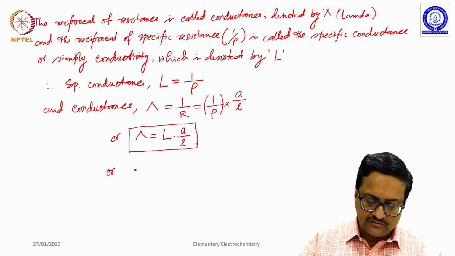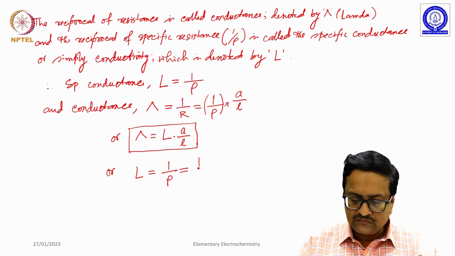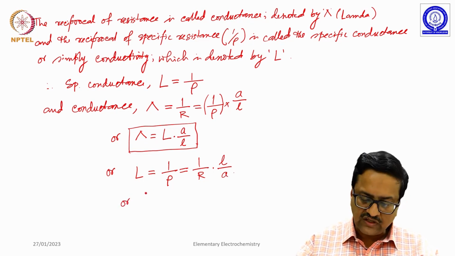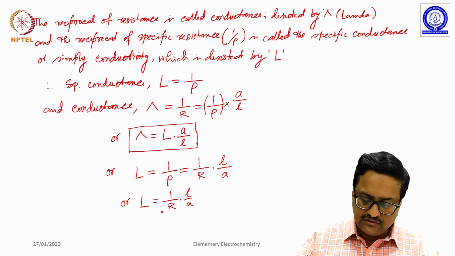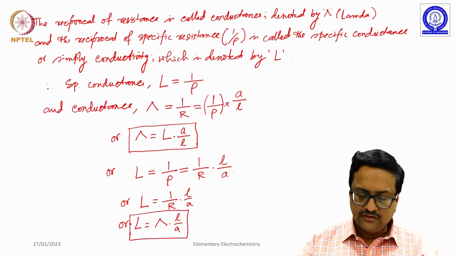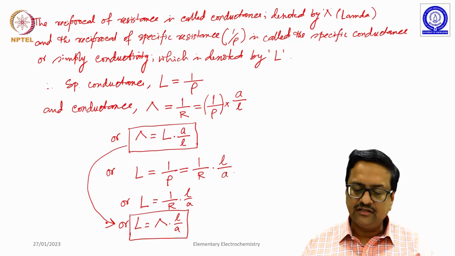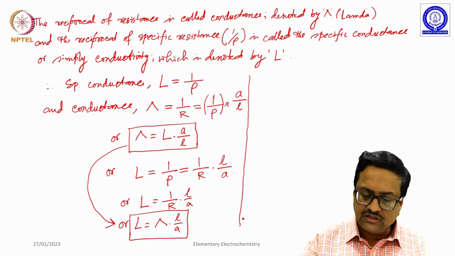One can further rearrange to write L equal to 1 by rho equal to 1 by R into l by A, or simply L equal to 1 by R into l by A, or L equal to lambda into l by A. So, this is the relationship between the conductance and specific conductance.